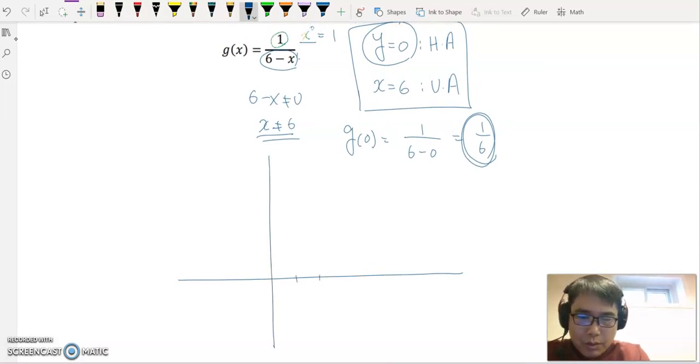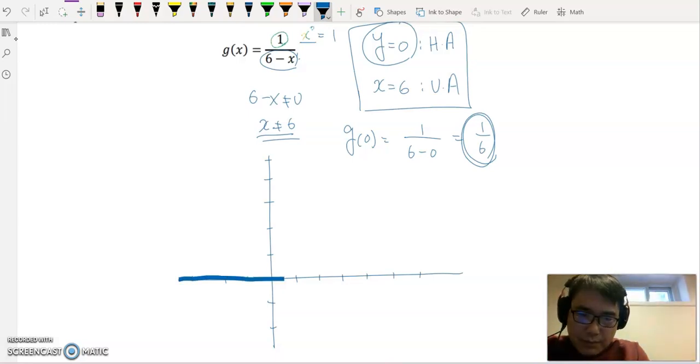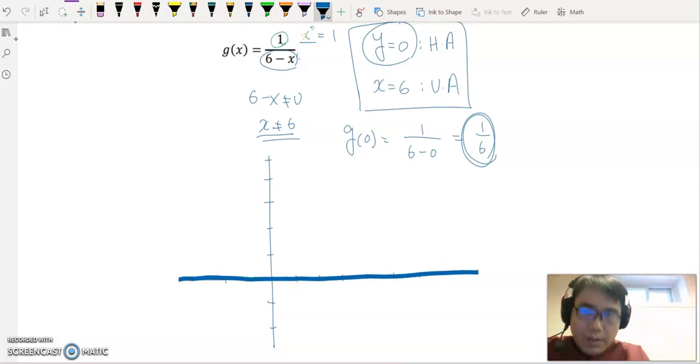So 1, 2, 3, 4, 5, 6. So I'm going to set up the horizontal asymptote as a blue color here. And then the vertical asymptote, orange color.